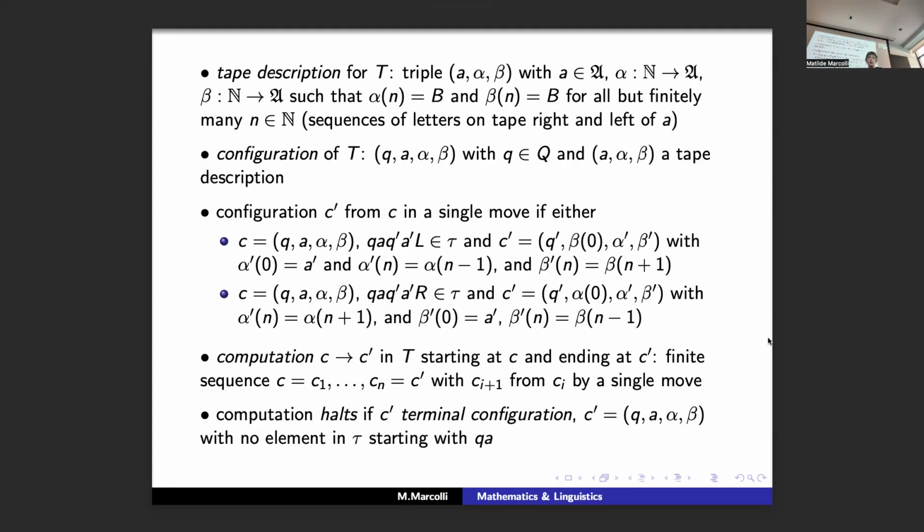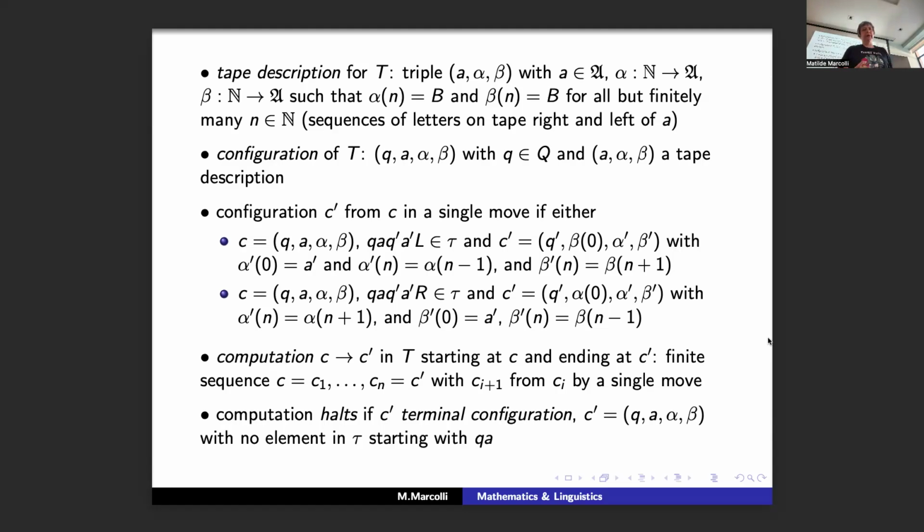Okay. So in particular, when you want to describe what a configuration of this kind of automaton, a Turing machine, is, the configuration is given by the state where you are, the letter on the position in the tape that you are reading, and the configuration of the tape. So you have two functions that tell you what is to the right and what is to the left of the square where you are, and the configuration of the machine is all this data.